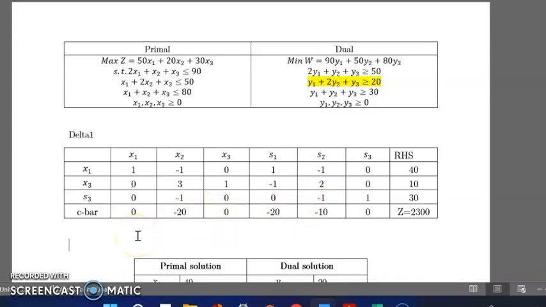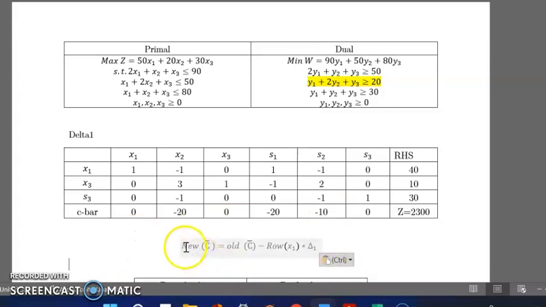So we're going to recalculate the C-bar values of the non-basic variables using this formula, and we're going to make sure that they are still less than or equal to 0.